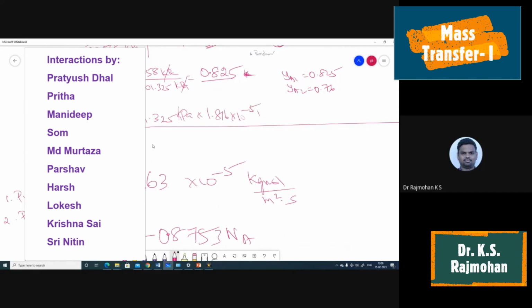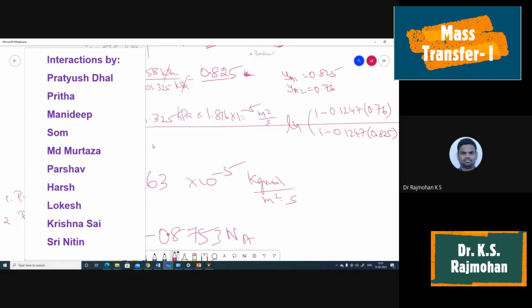Diffusivity is given, meter square per second. So the ln of the numerator is 1 minus 0.1247 into 0.76, over 1 minus 0.1247 into 0.825, right? 0.8249 or 0.825.